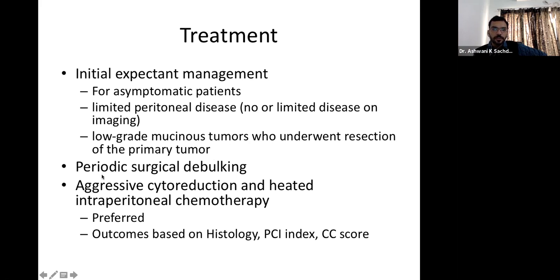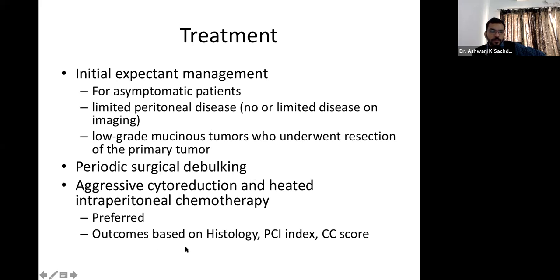Other patients can undergo periodic surgical debulking, such as patients who develop symptoms due to abdominal distension and intestinal obstruction because of the mucin. The preferred choice is aggressive cytoreduction with HIPEC.